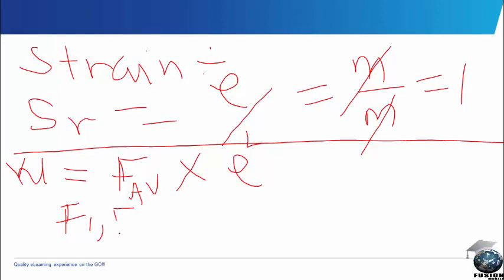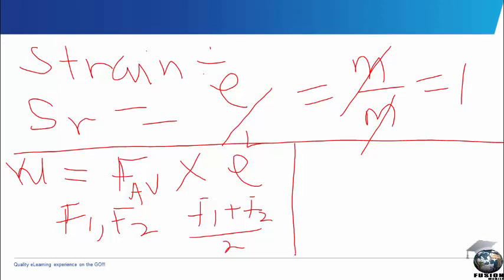We can consider that F2. So F average here will be F1 plus F2 all over 2. But don't forget that F1 plus F2 is the total force, F.